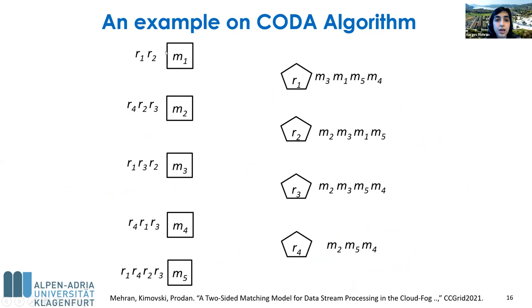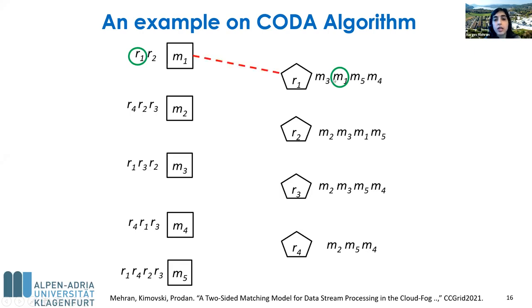Considering that, as I previously mentioned, each microservice has previously ranked the resources, our algorithm starts with the microservice, and each microservice such as M1 will look into its preference list and see that, for example, here R1 is in the highest rank. Then R1 also will look into its preference list and see that M1 has previously been ranked by R1.